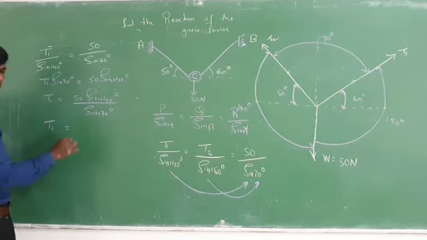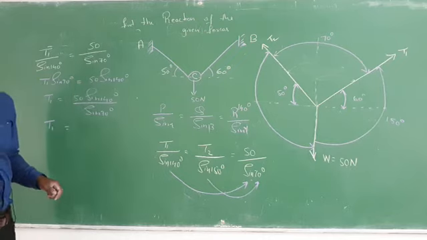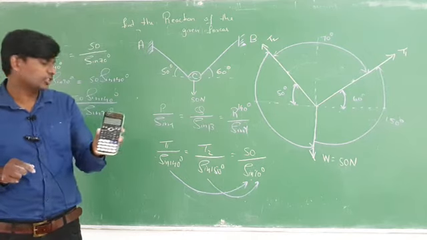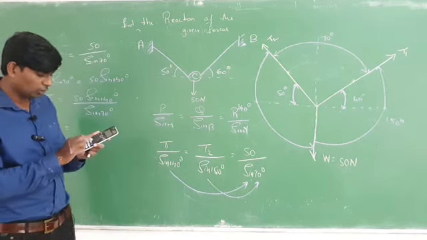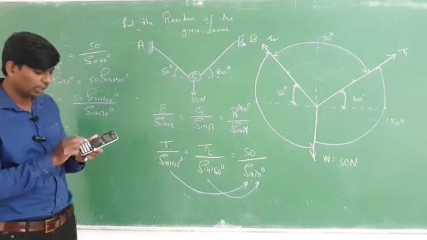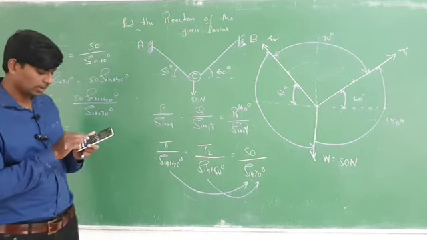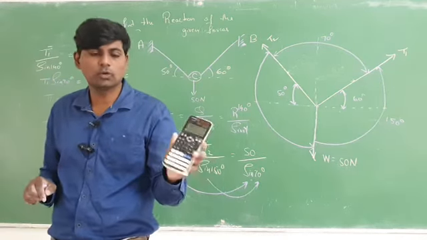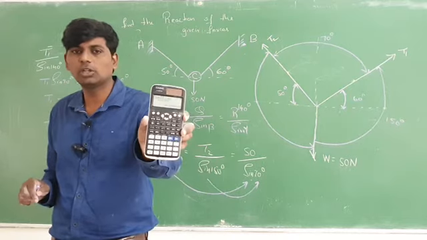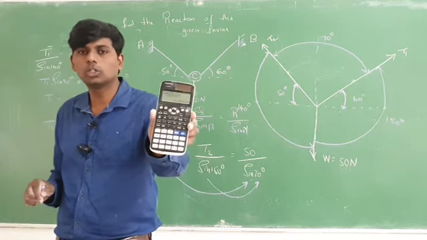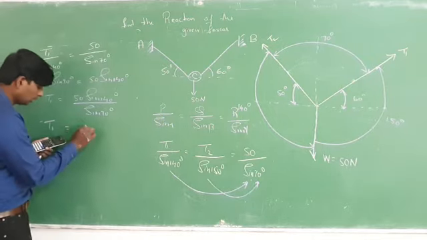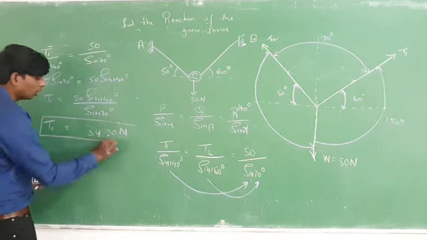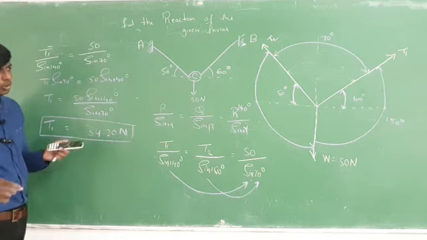With the help of a calculator, if you solve that, you will get the value 34.20. So this is the value for T1, 34.20 Newton.